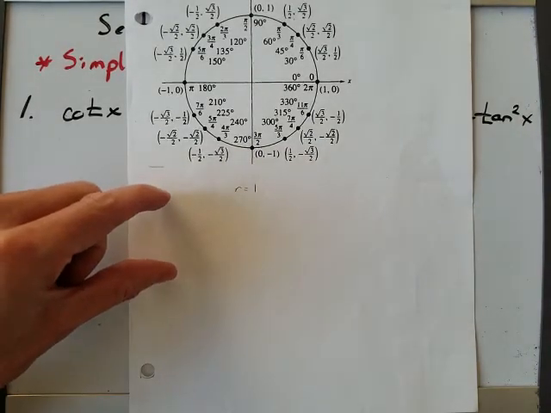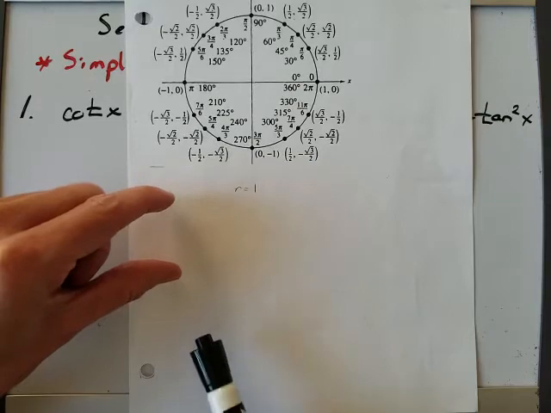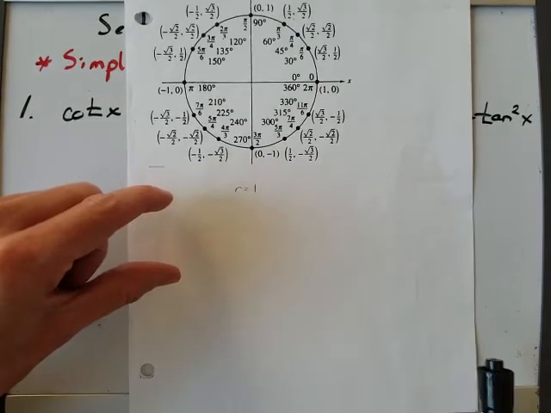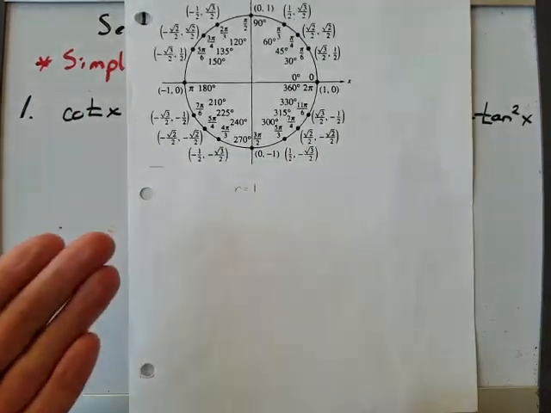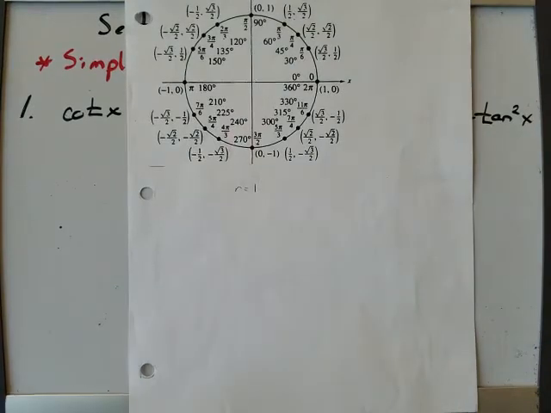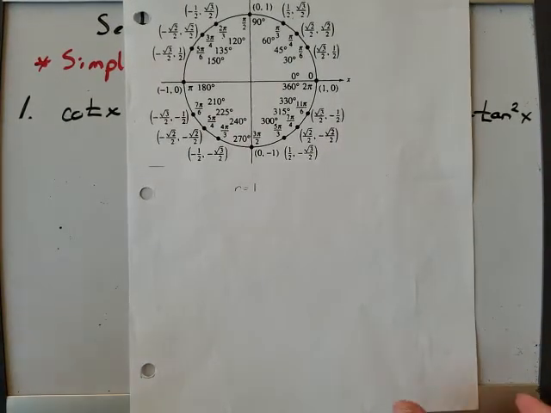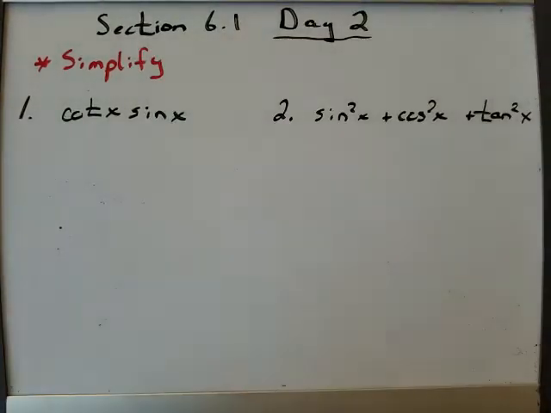Get it in a spot here, maybe about a third of the space, because we'll have more things that we have to write down, more identities. And then this sheet should always be out anytime you're working in chapter 6. It's going to be your reference sheet. Now, with that said, I would probably have your textbook open to page 296, or you could even pause the video, write the fundamental 8 down in your unit circle, and then just have that up.